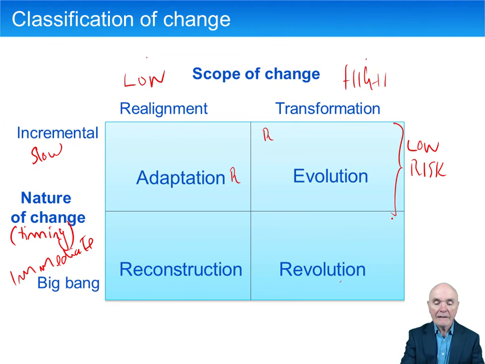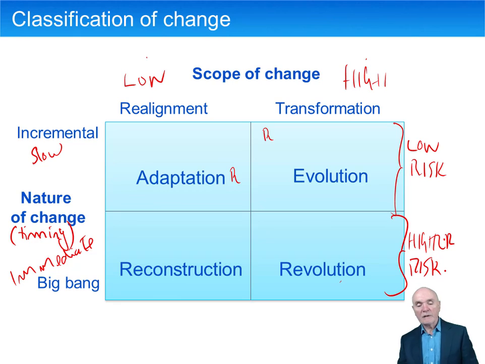Down here, the Big Bang, this is going to be much higher risk. Again, we can see that with revolution, the risk is potentially immense. At a stroke, you're changing the whole basis of the business. Everyone's job is going to be affected.